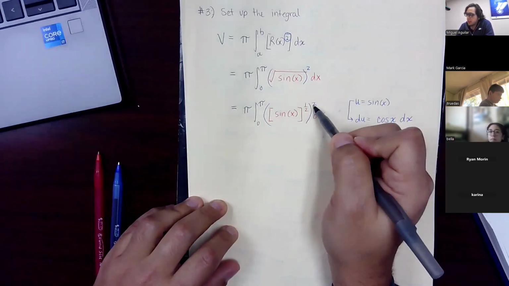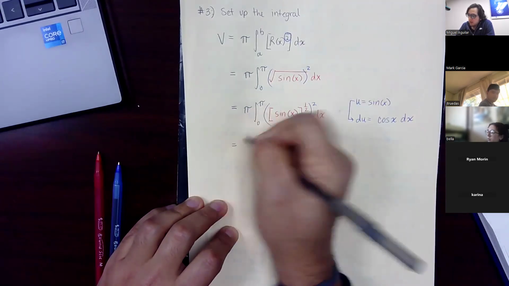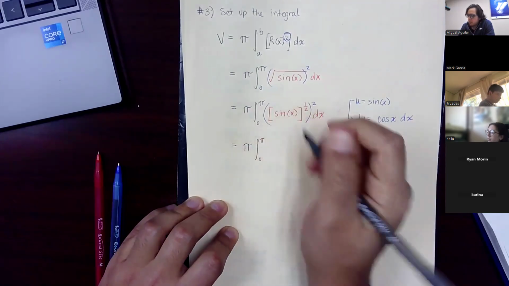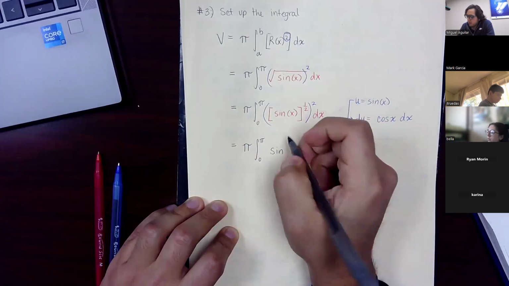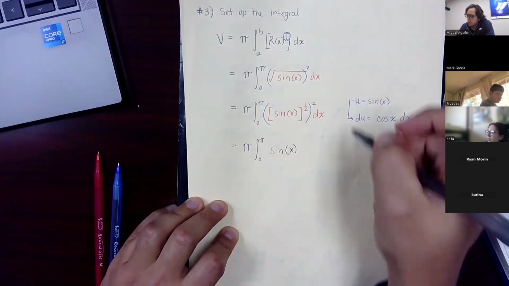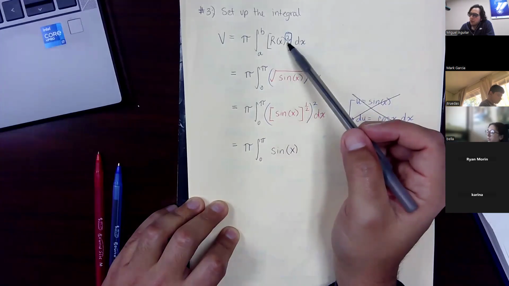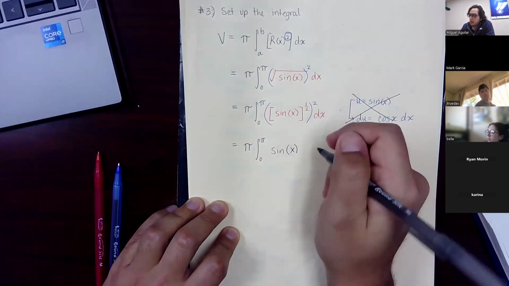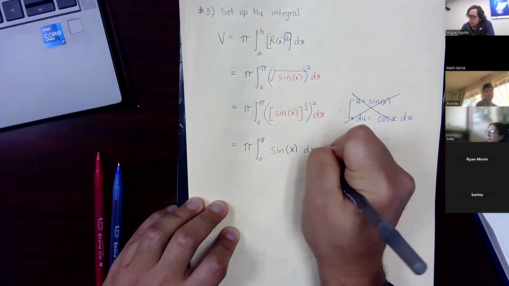Because when you have a power raised to another power, those powers multiply. So 1/2 times 2 just becomes 1. So this is going to be pi times the integral from 0 to pi of just sine. So again, a little slow to put everything together this morning. We did not need the substitution at all because the volume formula here has this squared, so we were able to cancel out that square root there. Otherwise, this would have been a more complicated integral, but we can take that.